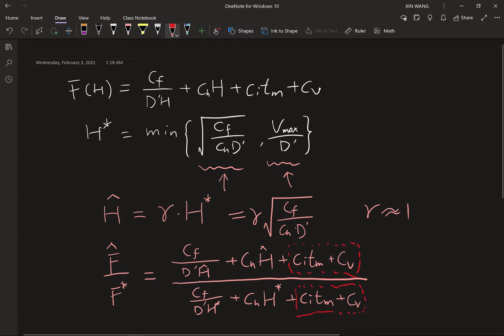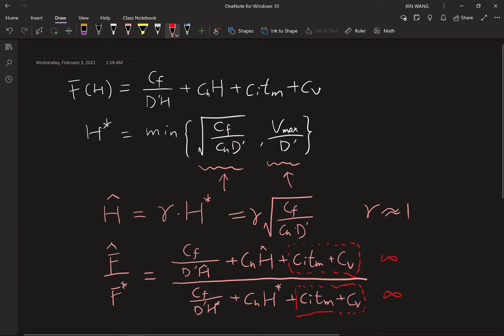The two constant terms here somewhat reduce the error in the estimation of our objective. For example, if the two constant terms are dramatically huge, let's say almost infinity, then the decision variable does not affect the results.